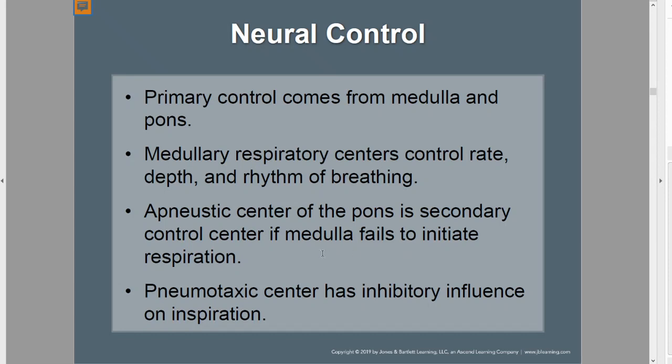Then you have your pneumotaxic center that has the inhibitory influence on inspiration, meaning that it's going to inhibit inspiration in order for you to blow that air out so that you can have expiration.